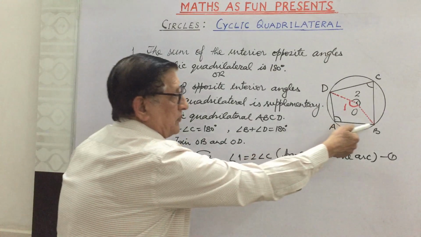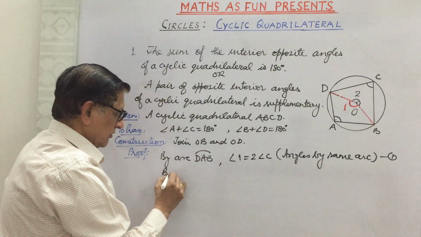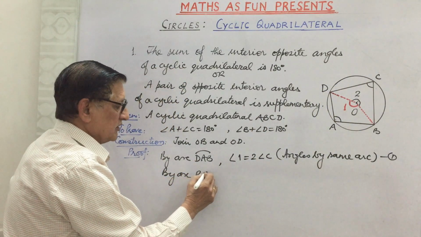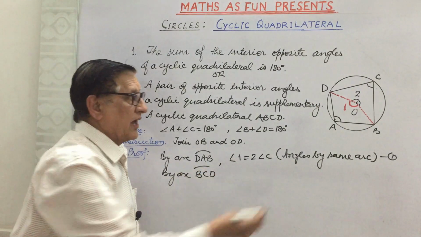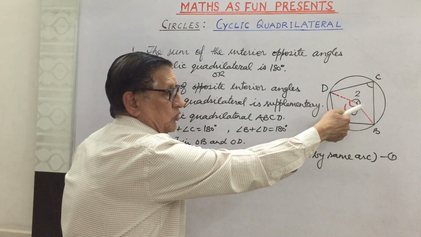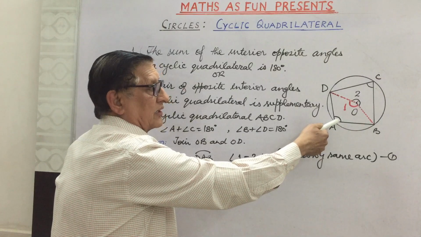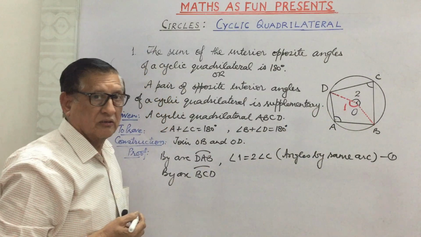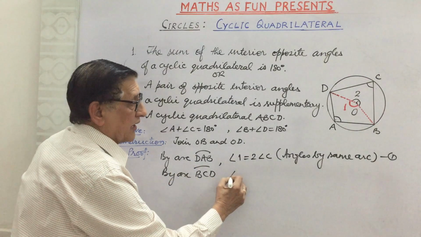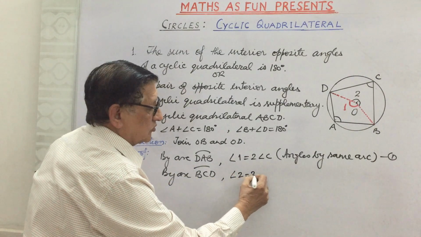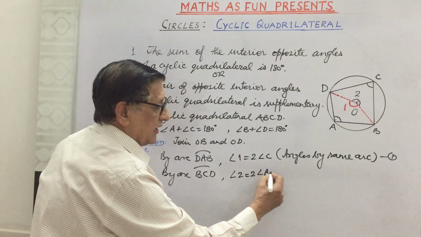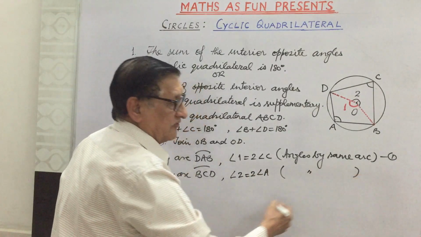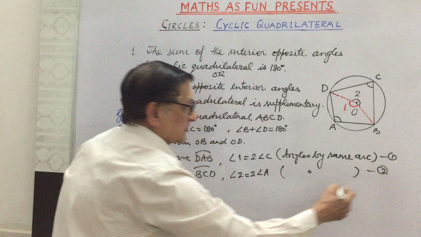Now by arc BCD, the angle at the center is angle 2 and the angle at the remaining circumference is angle A. So we can also write angle 2 is equal to twice of angle A, and the same reason can be given for this, and this we write as 2.